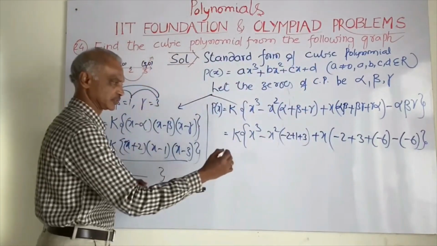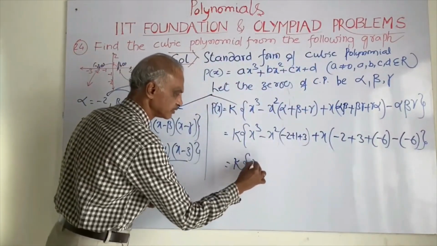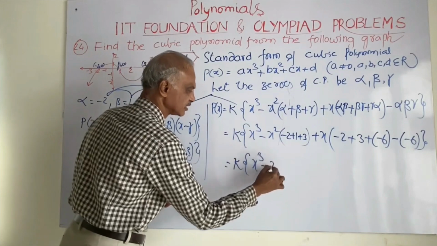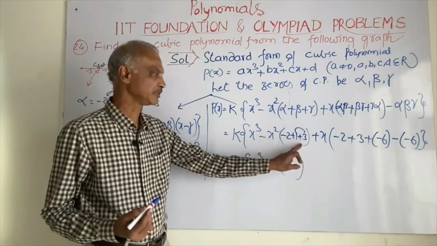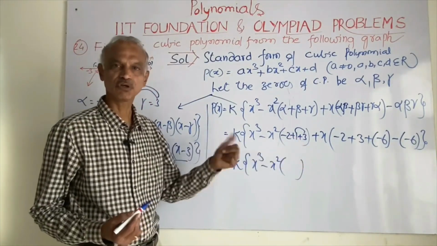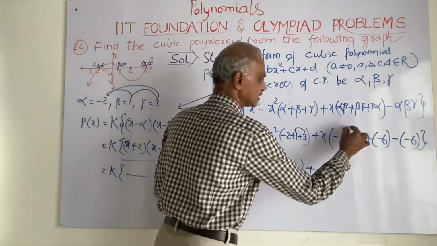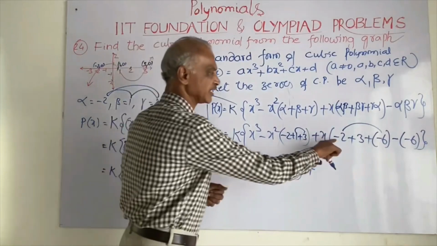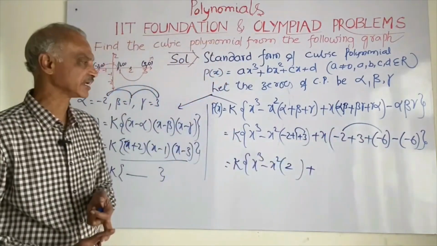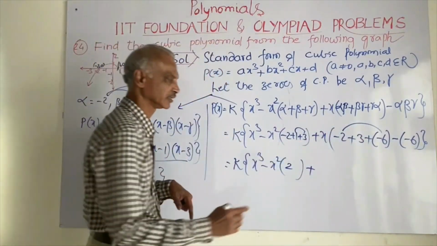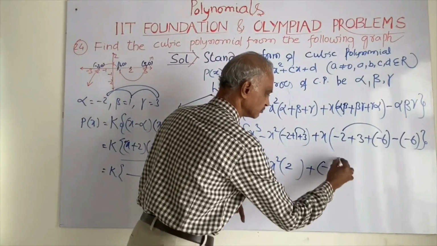See, the product of zeros, k into x cube minus x square into (3 plus 1, 4, 4 minus 2, 2), plus x into (-2 minus 6, -8 plus 3, -5).